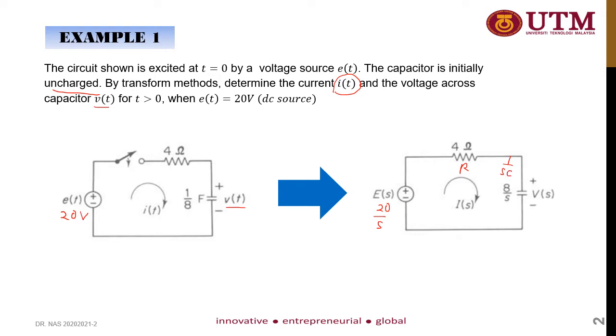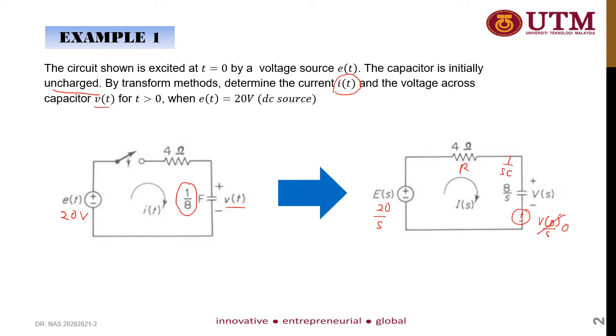Your C equal to 1 over 8, so 1 over SC equal to 8 over S. And supposedly you have a series additional source of V0 over S, but since there's no initial condition, this one is 0.